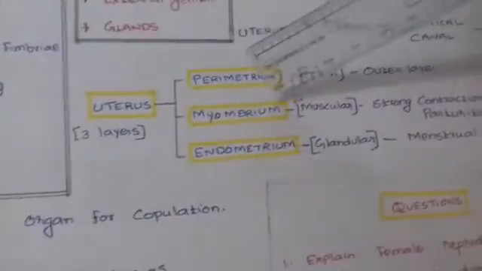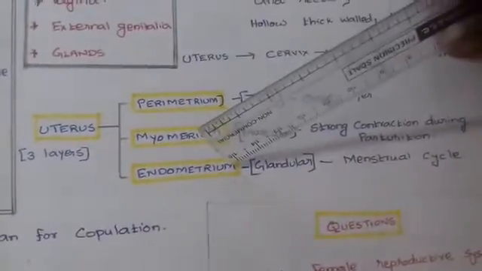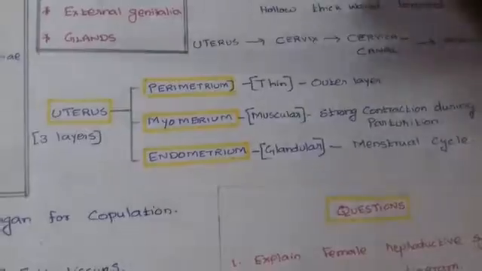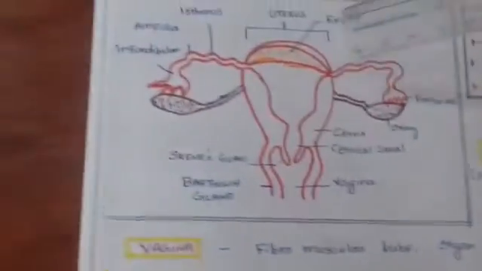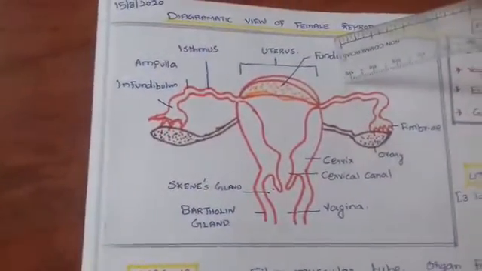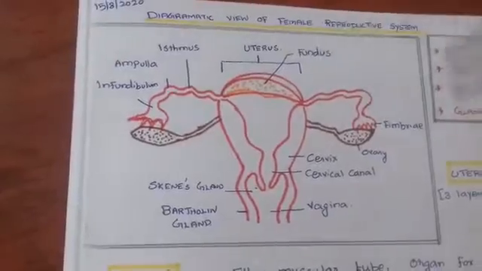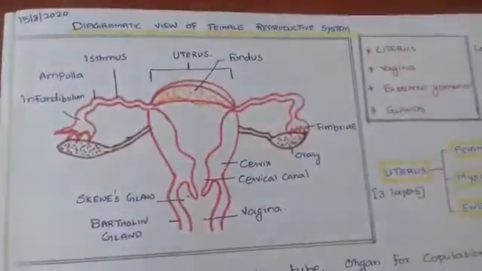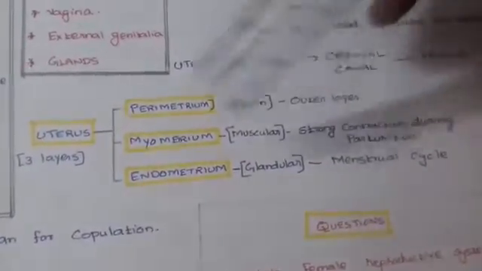The uterine wall contains 3 layers: perimetrium, myometrium, endometrium. Last class that picture was given, so refer to that picture and those notes. Perimetrium is the thin outer layer.